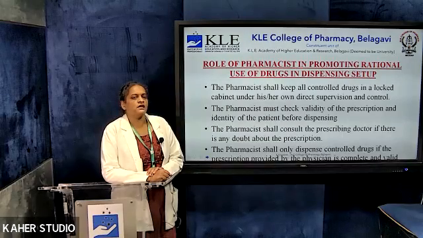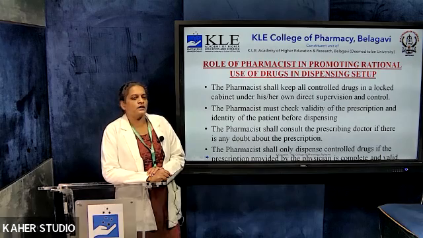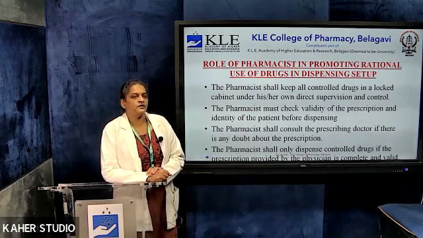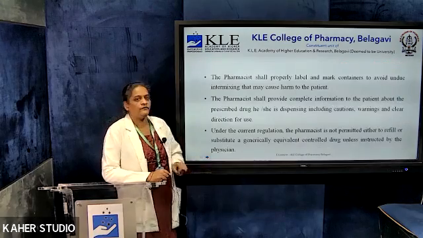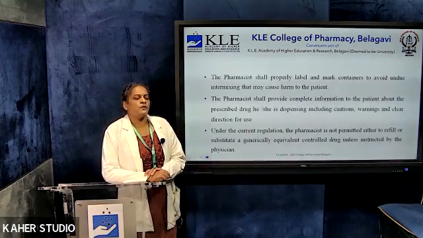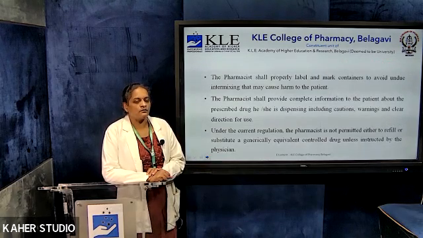The pharmacist shall consult the prescribing doctor if there is any doubt about the prescription. The pharmacist should only dispense controlled drugs if the prescription provided by the physician is complete and valid. The pharmacist shall properly label and mark containers to avoid mix-ups that may cause harm to patients.